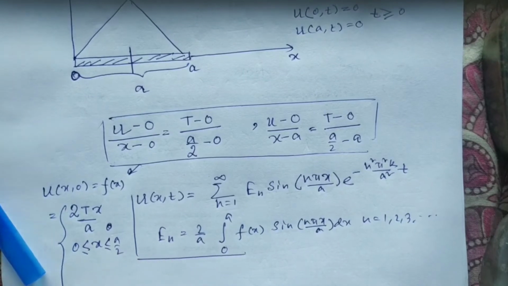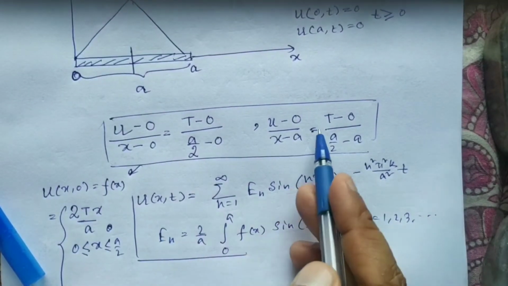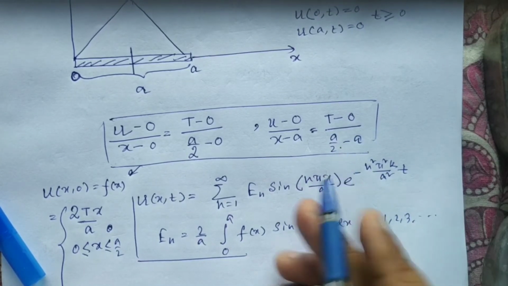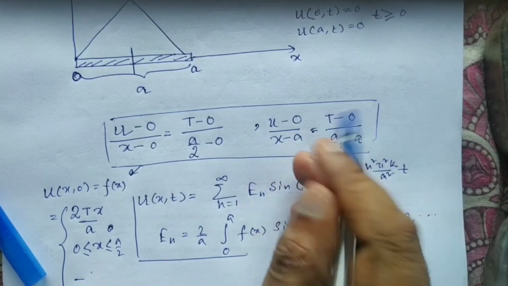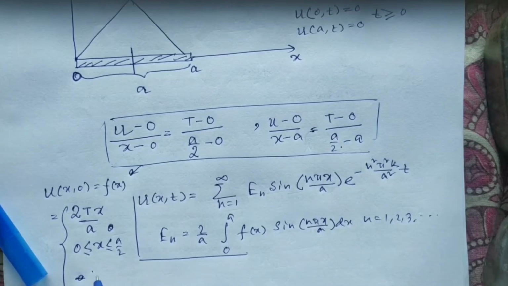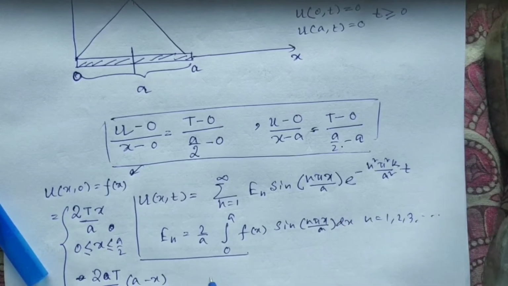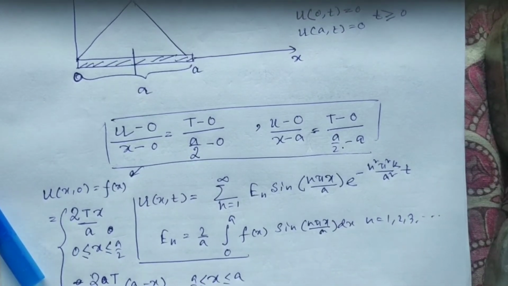And this is again equal to the other one, so this is minus T by minus a/2, or rather we are turning this opposite, so this will be 2T/a times (a minus x) for this range.